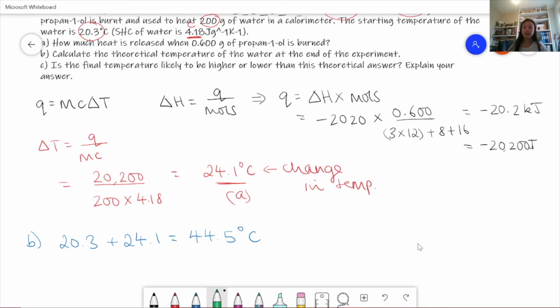And then for C, is the final temperature likely to be higher or lower than this theoretical answer? The answer is that it will likely be lower. And this is because lots of the heat will actually be lost to the air or also to the container that it was in.